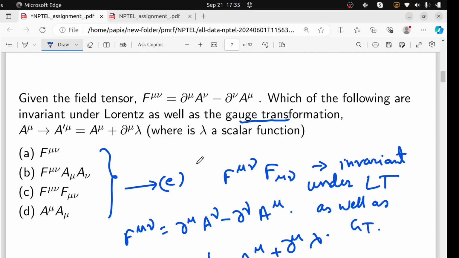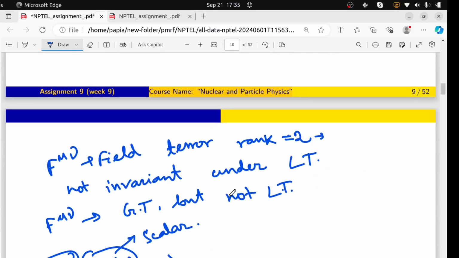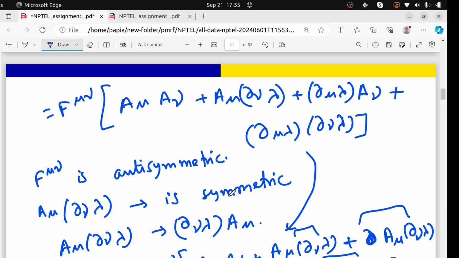The gauge transformation has the transformation property A mu prime equals A mu plus del mu lambda, where lambda is a scalar function. Among these 4, only option C is correct, where Lorentz invariance as well as gauge invariance hold. We have just explained each and every term.